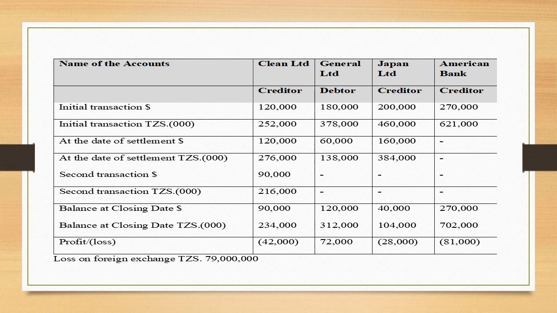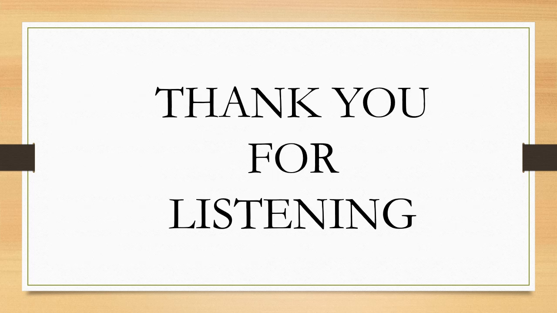So if you take the loss of 42, plus the gain of 72, plus the loss of 28, plus the loss of 81, this will give you a total loss of 79 million. So that is the two-way presentation of how you can present the losses obtained with transactions in other currencies. Thank you for listening.